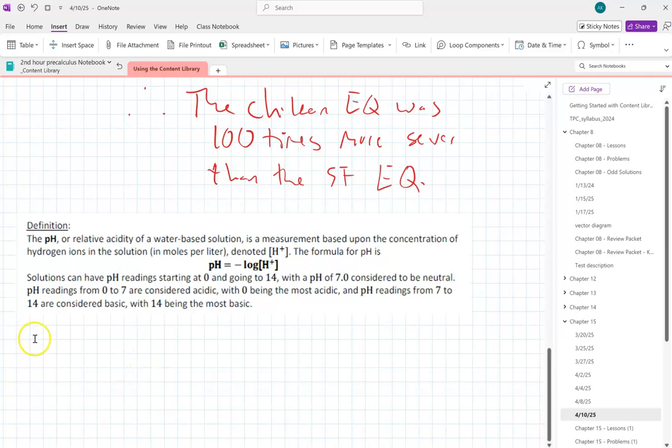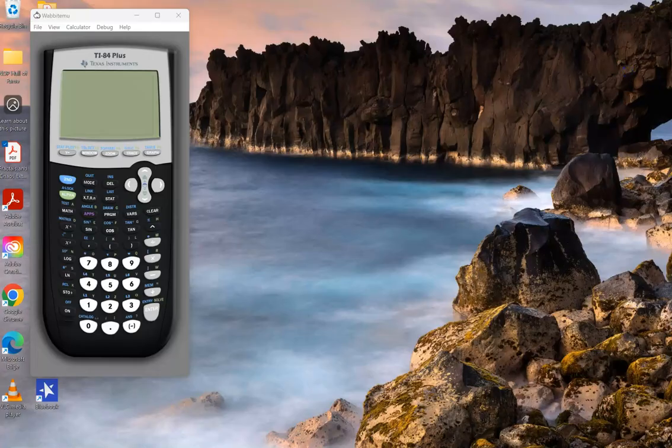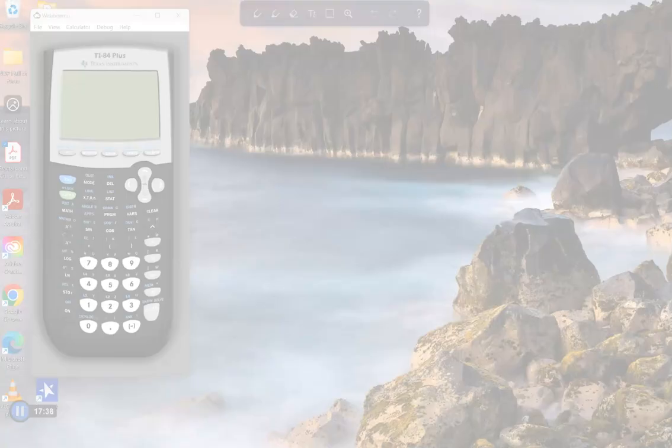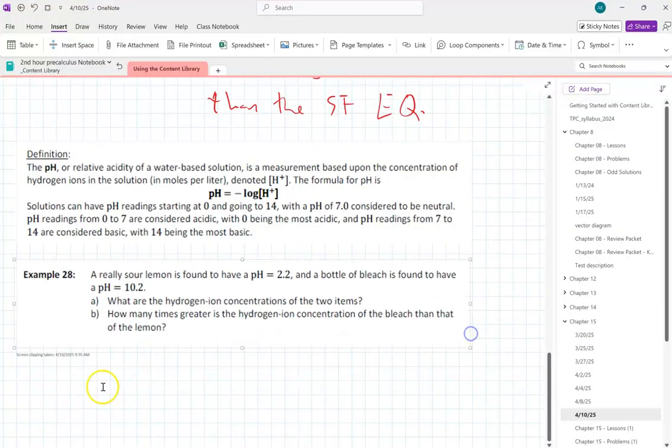Another situation that can be described using an exponential logarithmic function is pH. So those of you that have been in a chemistry class or maybe are currently in a chemistry class know a little bit about pH. It's how we measure the acidity of a substance.